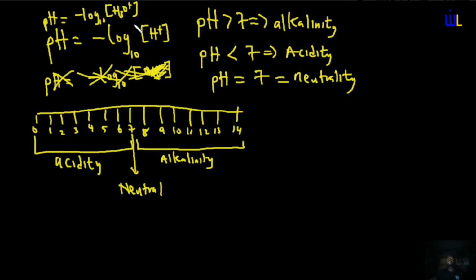Now, why am I emphasizing this? It means that if you don't have the concentration of hydrogen, you can never find pH with this formula. So, if for instance the concentration of hydroxyl ion was given in a question, you will not put it in this particular formula to find pH.